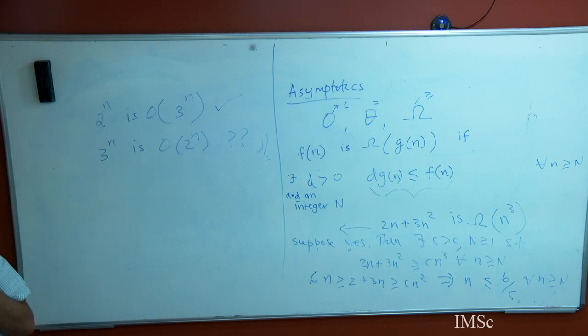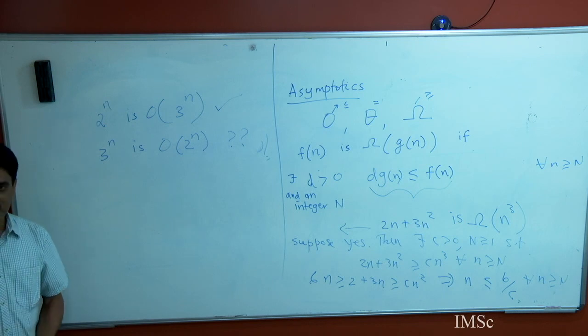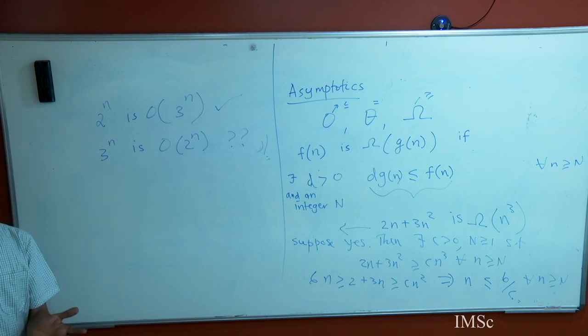Yes? No? No. Yes? It is? Yeah, but okay, so one suggestion is if you take the log both sides, they are of the same asymptotics, because this is n log 3, this is n log 2, log 3, log 2 are constants, they are the same.